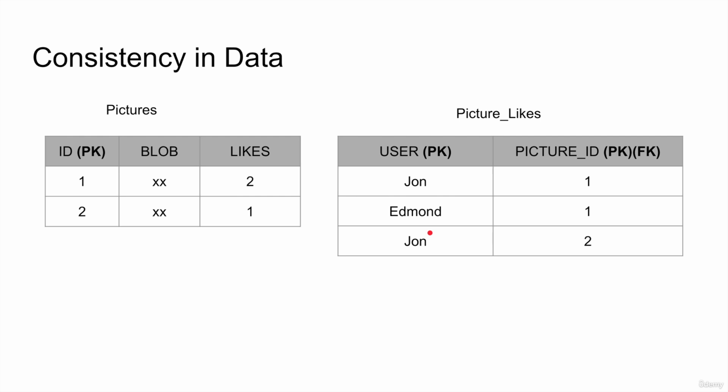YouTube is the same with subscribers. Why do you think YouTube shows you that my subscriber count is 6K or 6.2K? Because they cannot guarantee that I have exactly 6,032 subscribers, or even PewDiePie, who has almost 95 million subscribers. That number is not exactly accurate to the actual number of subscribers he got.